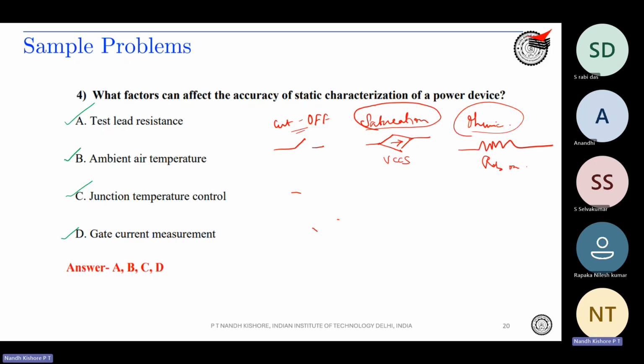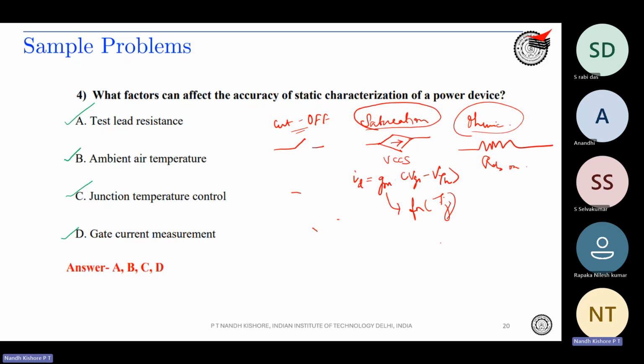In the saturation region, it operates as a voltage controlled current source where the drain current is GM into VGS minus VTH. Correct? This transconductance is a function of the temperature. This is what dictates the channel current of the device. Why?